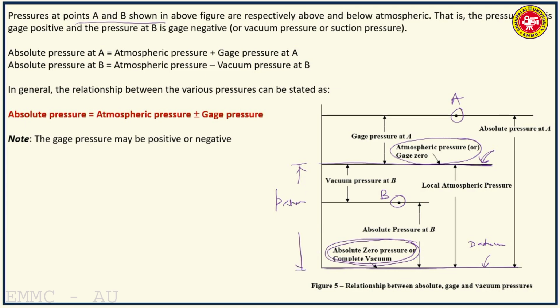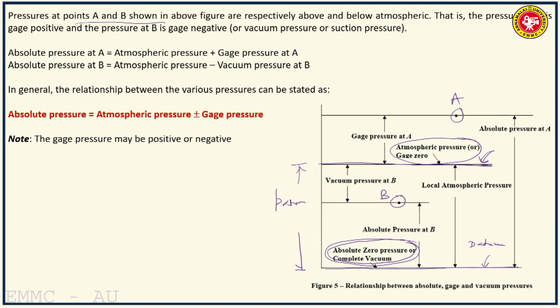The atmospheric pressure varies with place, varies with altitude, varies from time to time, of course slightly. It varies with temperature. So the local atmospheric pressure, let it be P atmospheric.